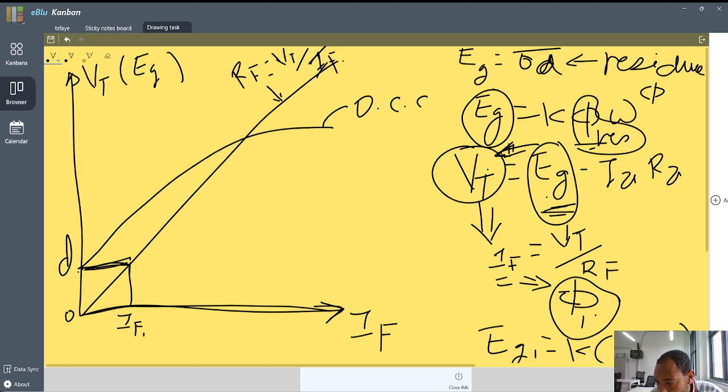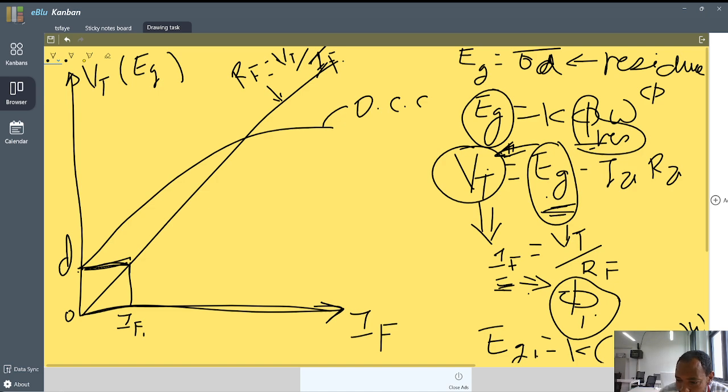So it produces a new voltage inside. Now EG is increasing to a new value. We call this EG1.